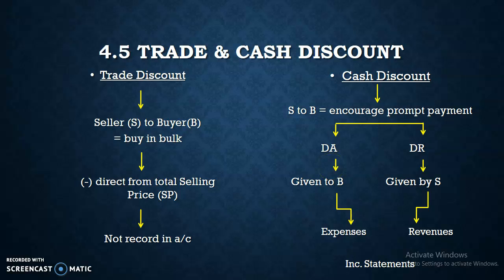As I mentioned before, discount allowed is a discount given to the buyer from the seller, which will be considered as your expenses in your statement of profit or loss. Now, let's look at the journal entries for discount allowed.